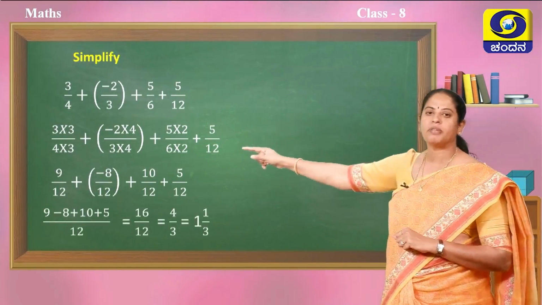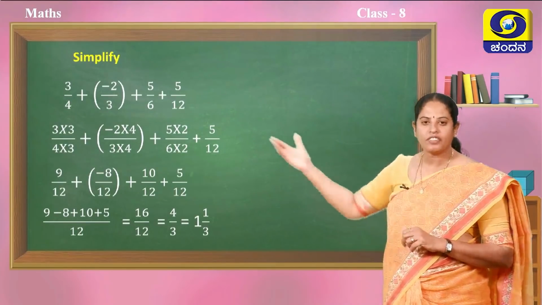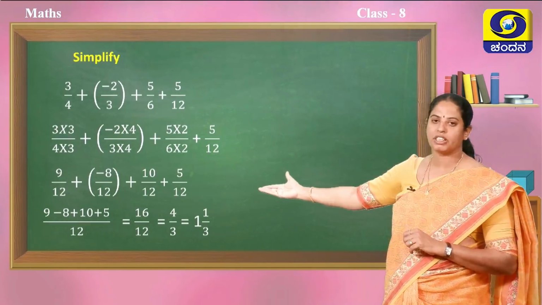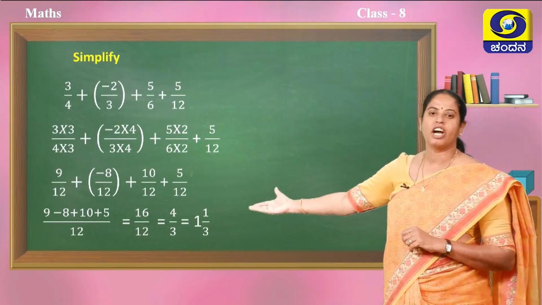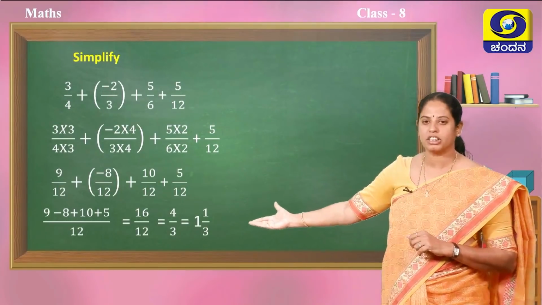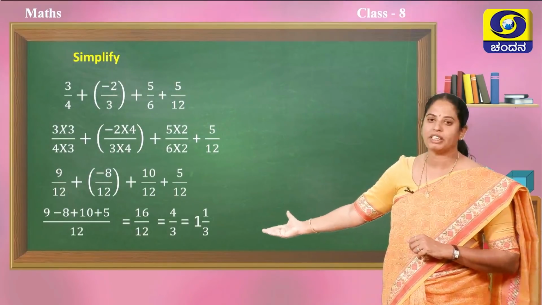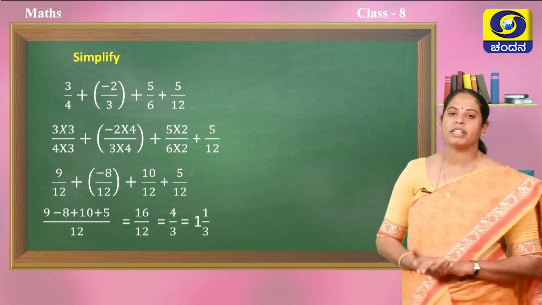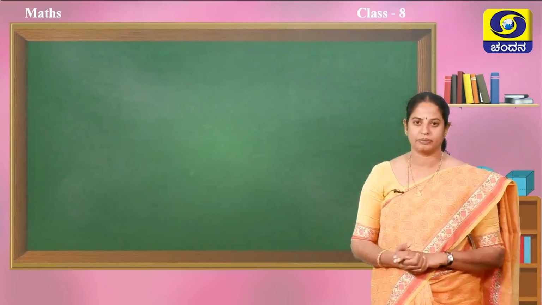So I am multiplying the first one by 3, second one by 4 and the third one by 2. After simplification, I got all the 4 rational numbers with the same denominator. Now I am going to simplify this. After simplification, I got 16 by 12. So further simplification, I am getting 4 by 3. 4 by 3 is an improper fraction that is expressed in mixed number, that is 1 1 by 3.